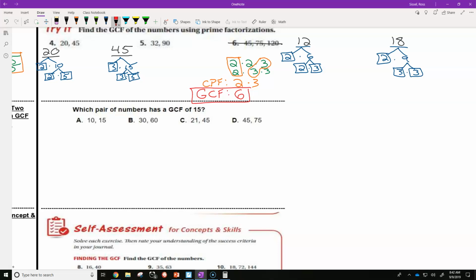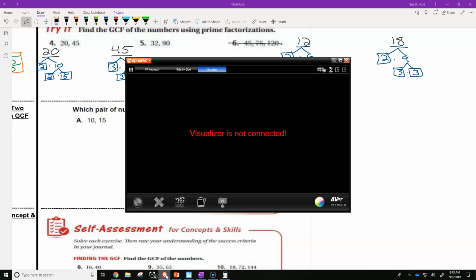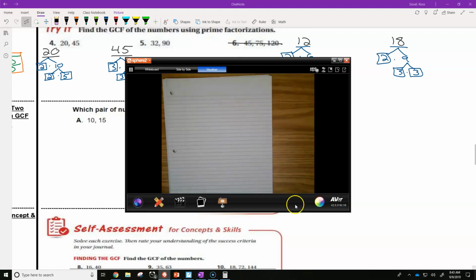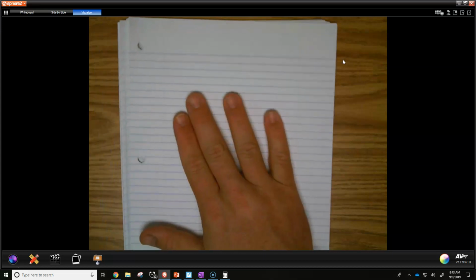Please be sure you are checking your grade book. What do you do if you get a 2 or a 1 or a 0 for a grade in math right now? Shay? You have to come back here and redo it. Yeah, you need to come. Right now, I've been keeping people at lunch because we're working together.